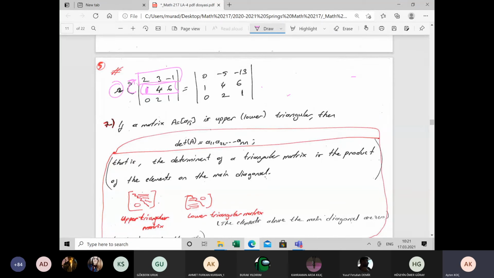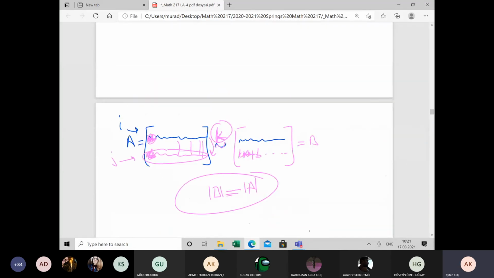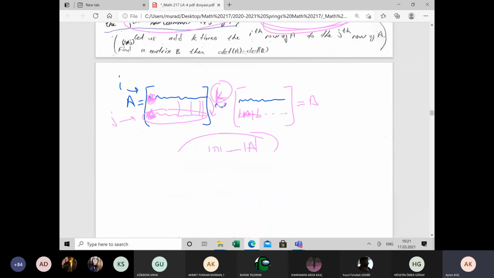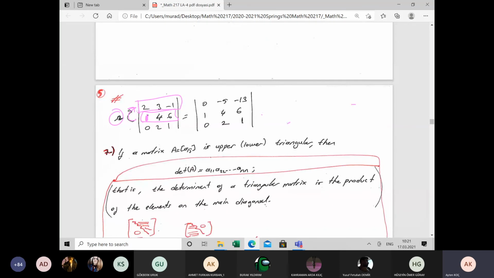It's okay. Let's see that. And this one is the last property. This property is okay. We know that if we use this property and this operation, determinant of B is equal to determinant of A. So let's see that this one is okay. It will be better.